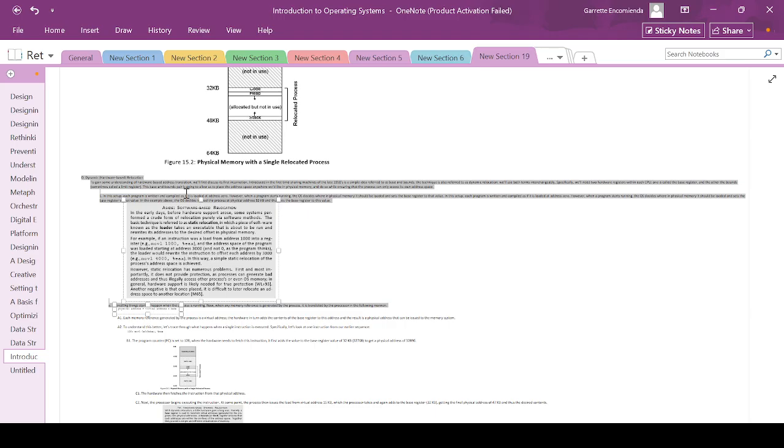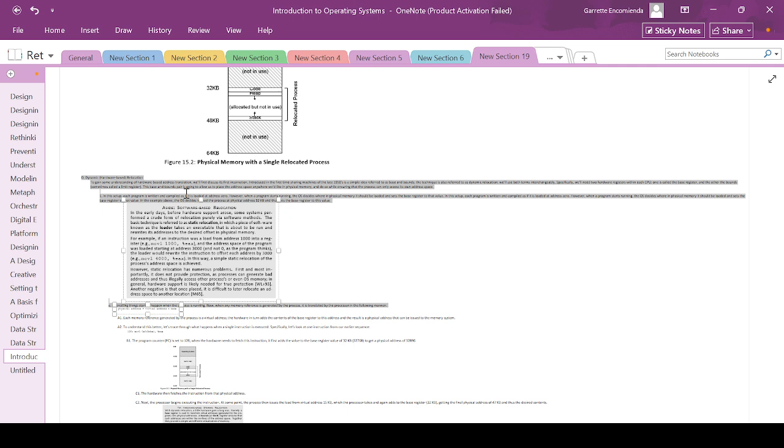Specifically, we'll need two hardware registers within each CPU. One is called the base register and the other the bounds, sometimes called a limit register. So there is a base, the starting point, and the bound, which is the limit of that physical memory size.